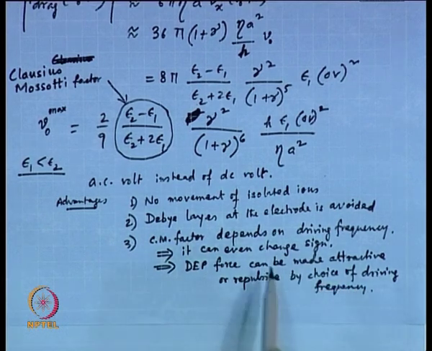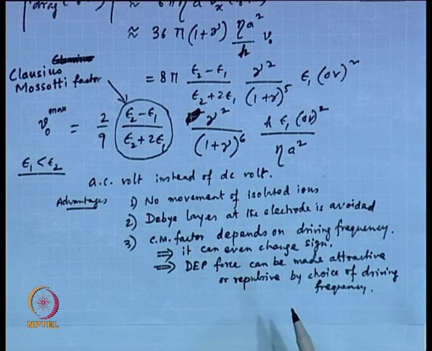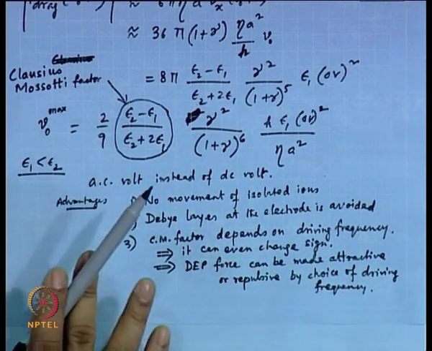So, for these reasons this AC field would be more sought after than the DC field, but the basic framework of the analysis we have done will remain the same. Only the various constants we used there will have functionality with the driving frequency going in. You can check it out yourself.